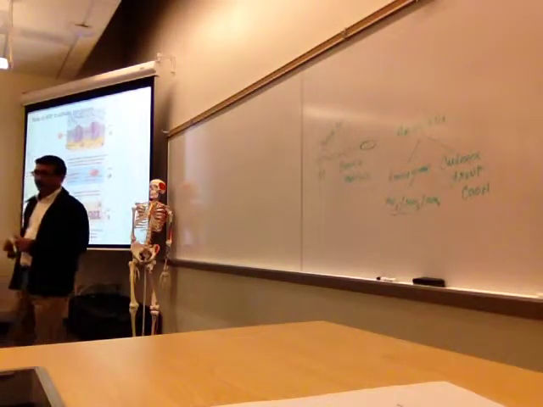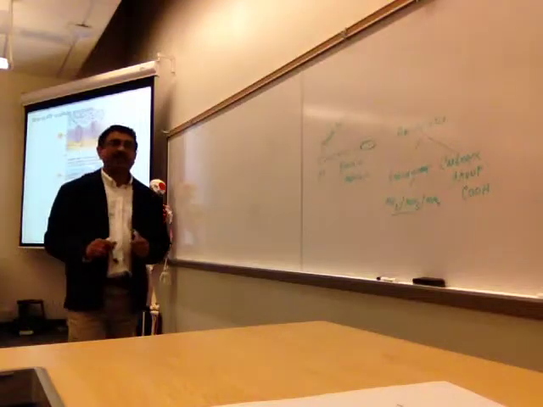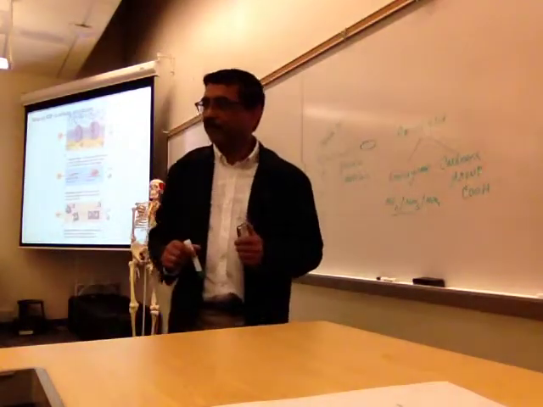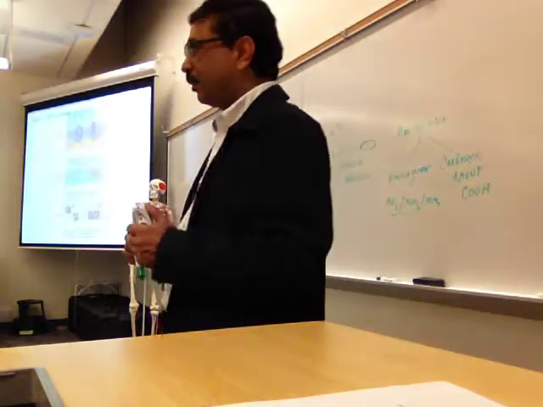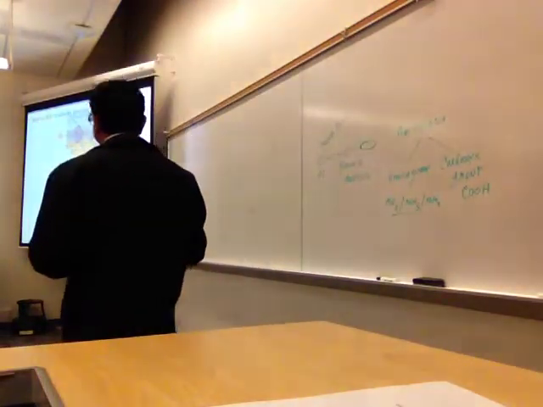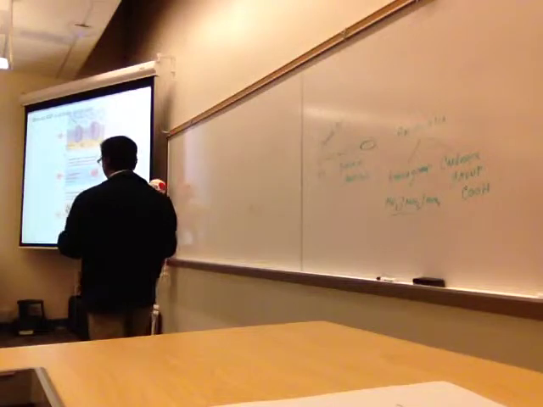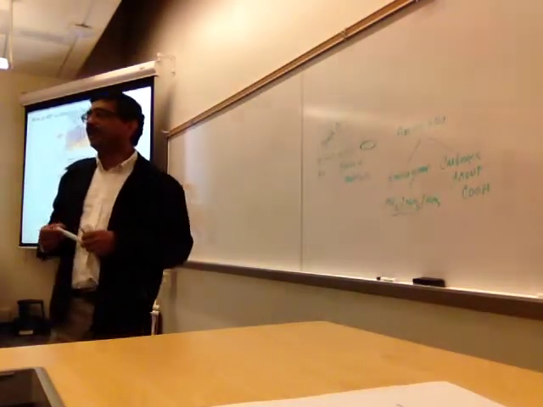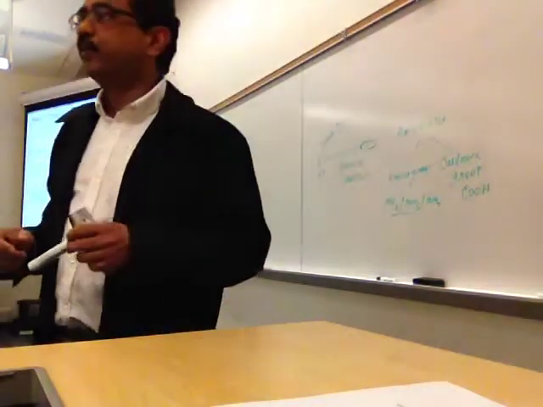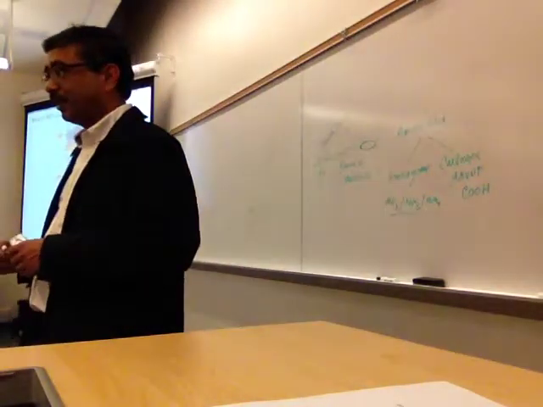Energy. Our body needs energy, and that comes from ATP. So energy comes from ATP. ATP is the source of energy. Why do we need energy in our body? We need ATP or energy to perform the physiological functions.